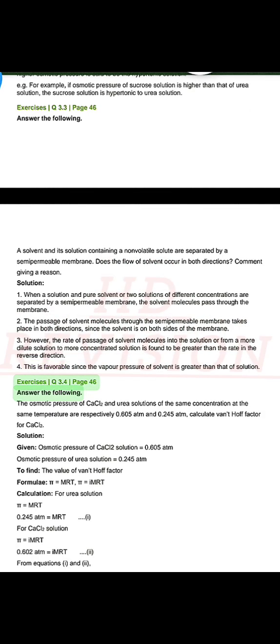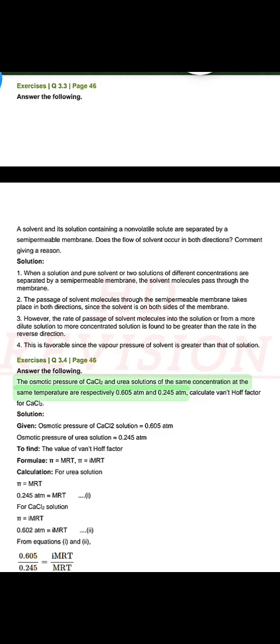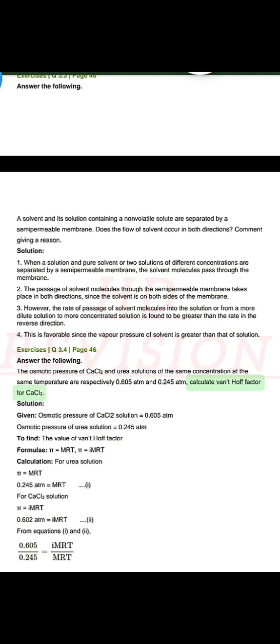Exercises Q 3.4, page 46. Answer the following. The osmotic pressures of CaCl2 and urea solutions of the same concentration at the same temperature are respectively 0.605 atmospheres and 0.245 atmospheres. Calculate the Van't Hoff factor for CaCl2.